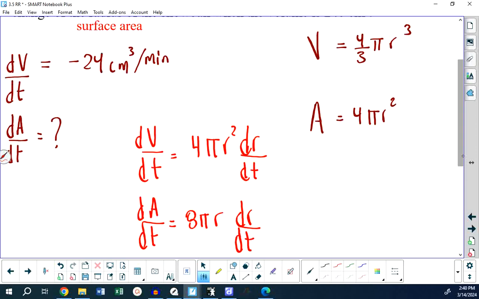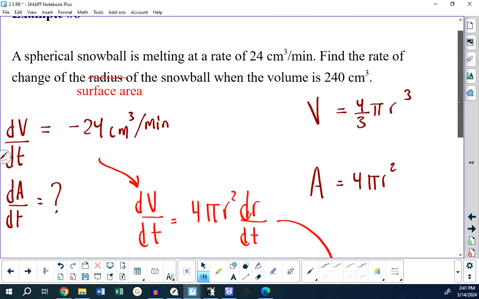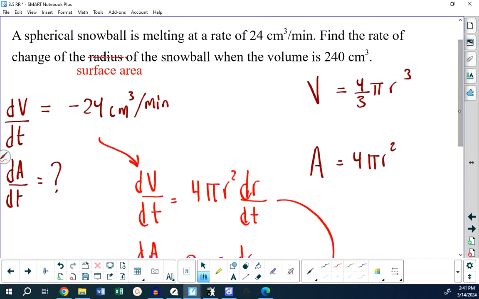Now you put the negative 24 here to calculate dr/dt, to put dr/dt there to calculate dA/dt. That's pretty slick, isn't it? There's a downside that you need to find r. You need to put that 240 cubic centimeters in here to get r to proceed this way.